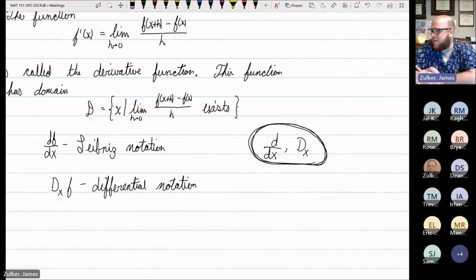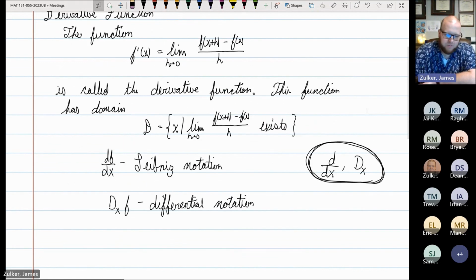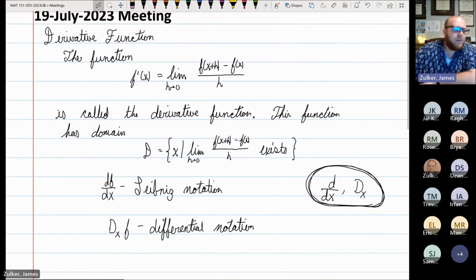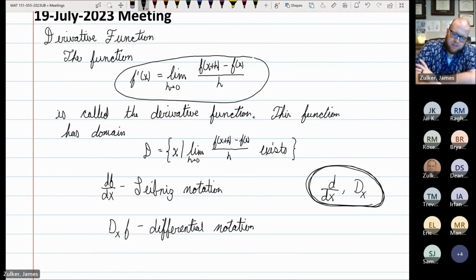Now, I want to make something clear. Technically speaking, this is the derivative function.